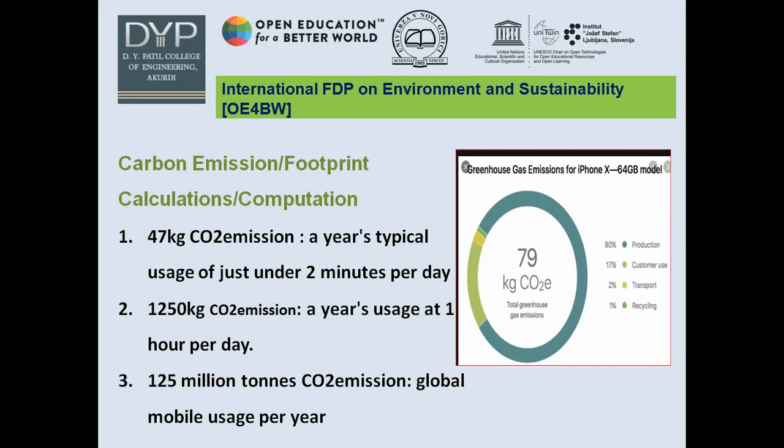That time the total comes to 47 kg CO2 emissions. In a similar way, suppose instead of 2 minutes we use the mobile for 1 hour per day, then calculated for 1 year, the CO2 emission increases again. That is 1250 kg CO2 emission.